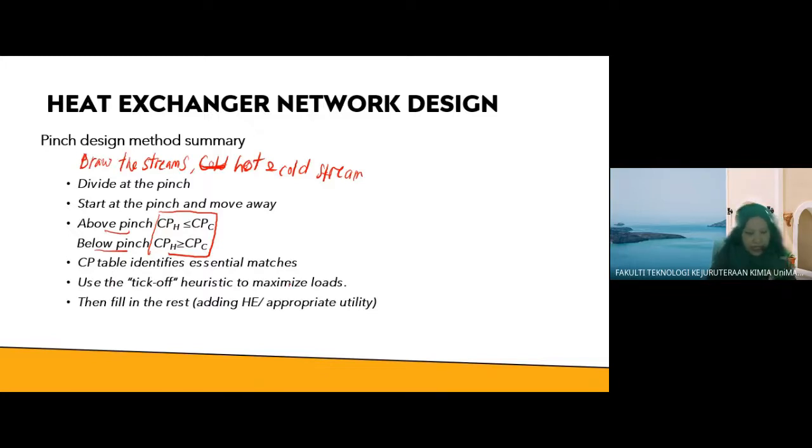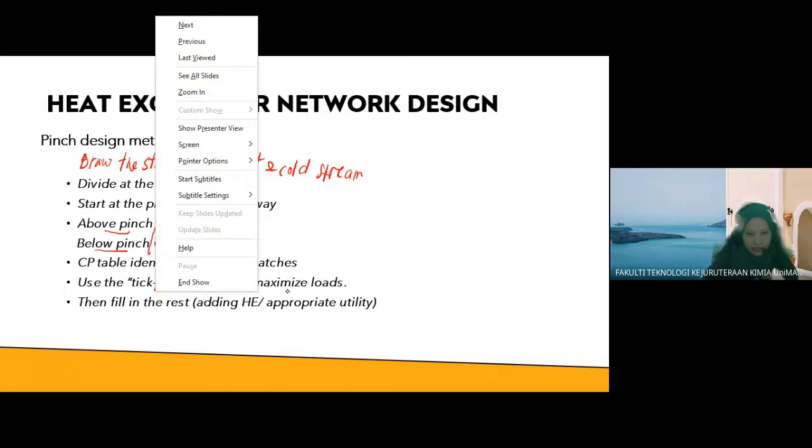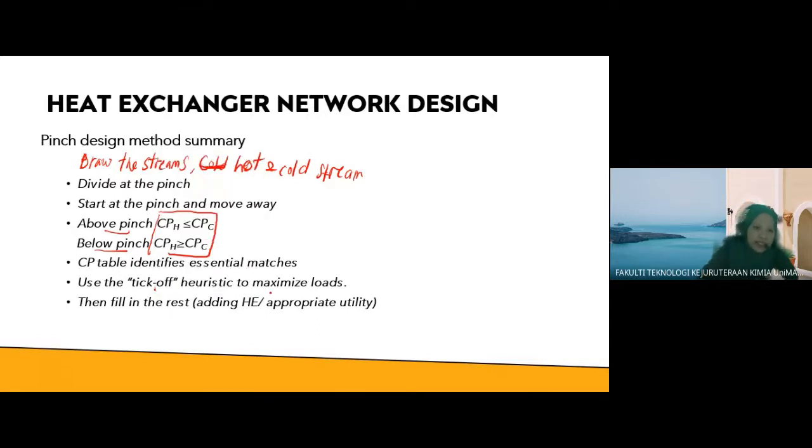Just now you select the lowest delta H, and by selecting the lowest delta H, you can actually maximize the load, which means that you can minimize the capital cost, because we design our heat exchanger as large as possible.